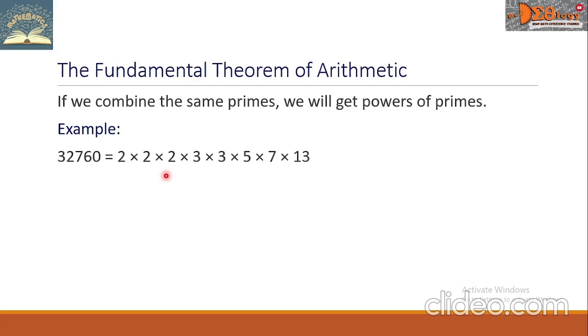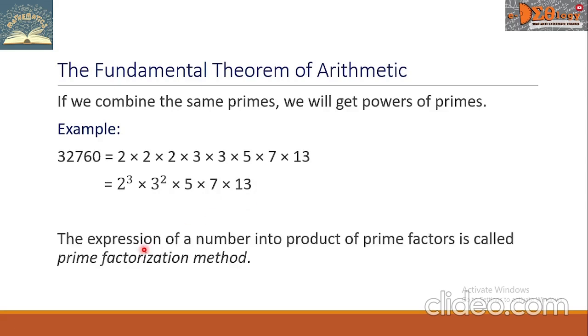We can see here that the factor 2 appears 3 times, so we can write 2 cubed. The factor 3 appears twice, so we write here 3 squared. Then we just copy the 5, the 7, and 13. The expression of a number as a product of prime factors is called the prime factorization method.